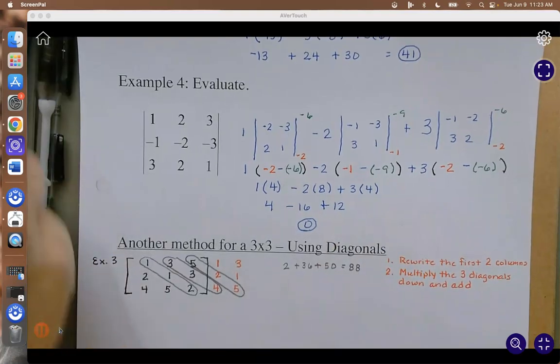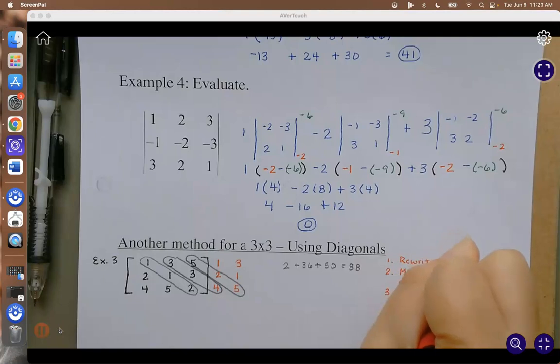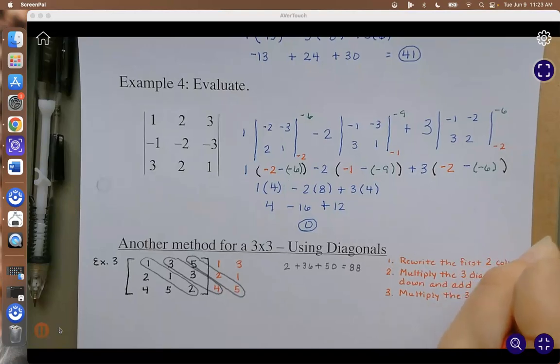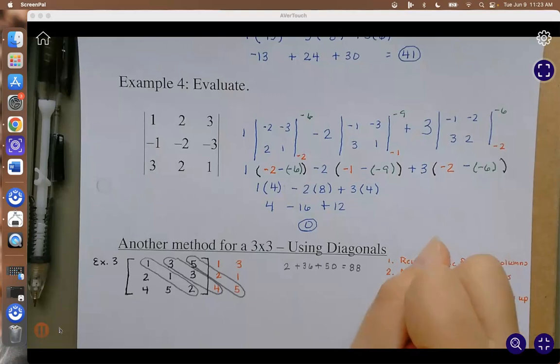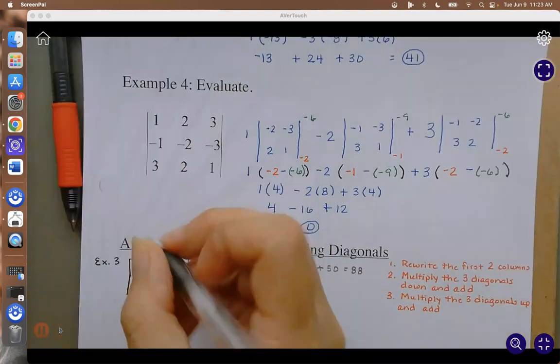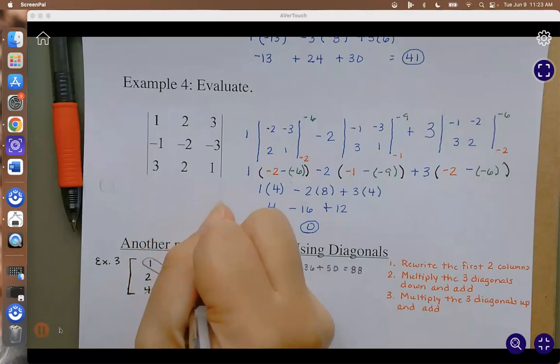Now, step 3, multiply the 3 diagonals up and add. Okay, so this time I'm going to just use a line, a light line through them.